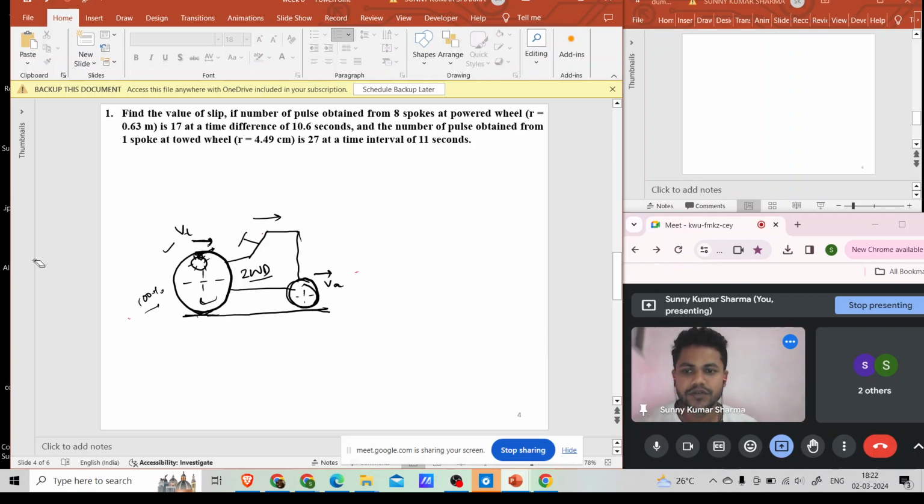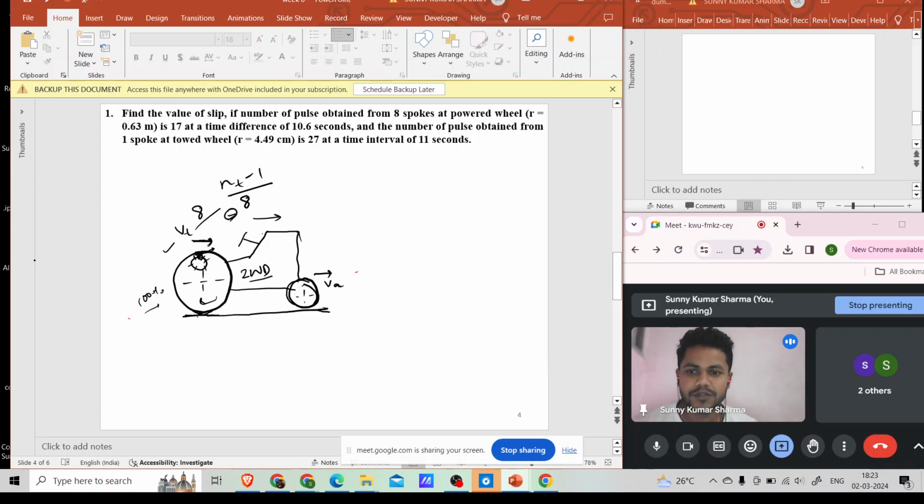Suppose we have 8 spokes on this plate, and the number of pulses generated for theoretical velocity is n. The first pulse we exclude, because it has been generated just as we started the reading. So n minus 1 is the total number of pulses.